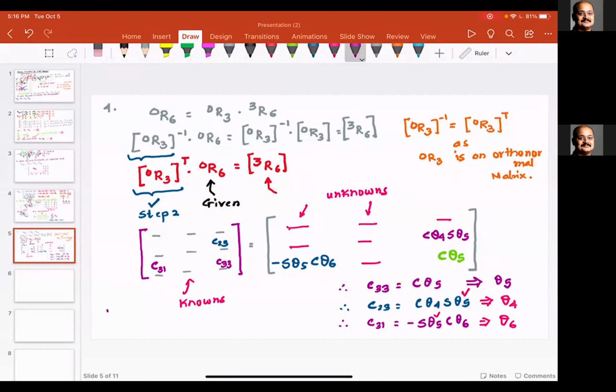And those joint variables are D1, we found out. Then we found out theta 2. We found out D3. We got these from the position manipulator inverse kinematics.